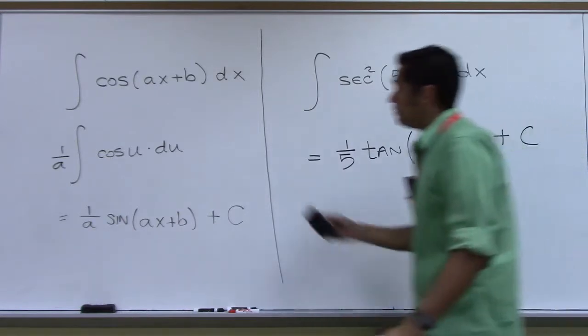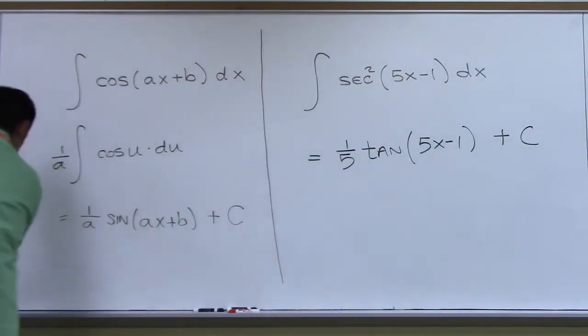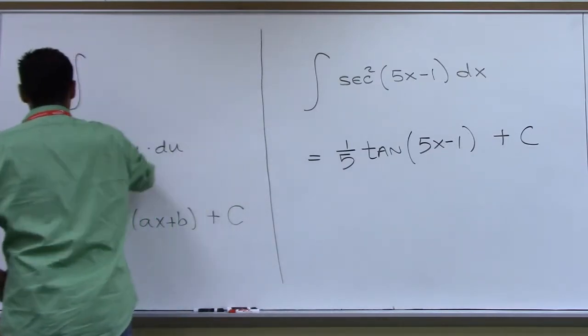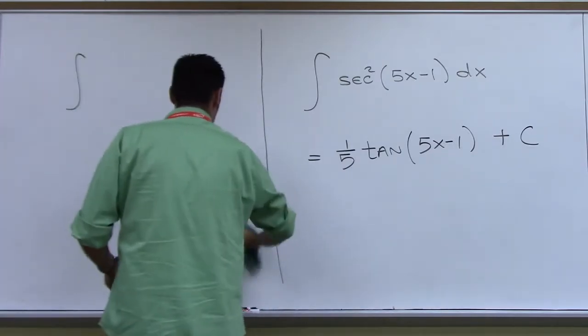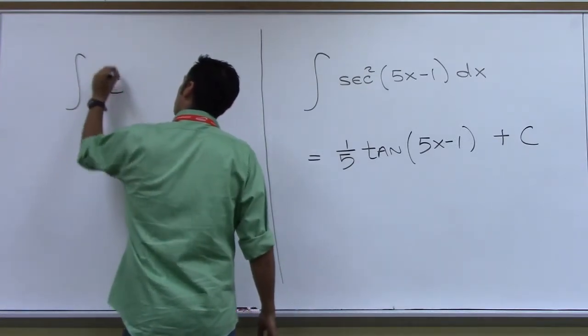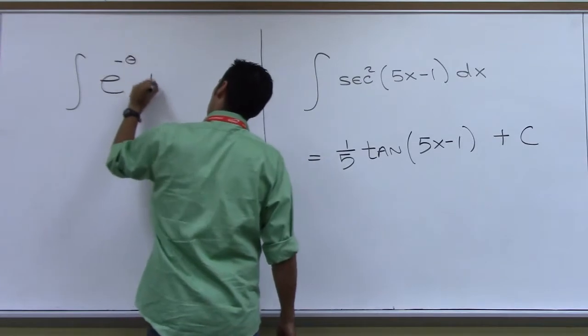Let's try another one. E to the negative theta, d theta.